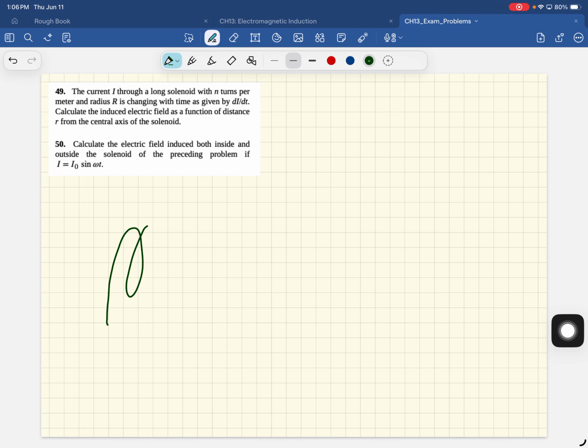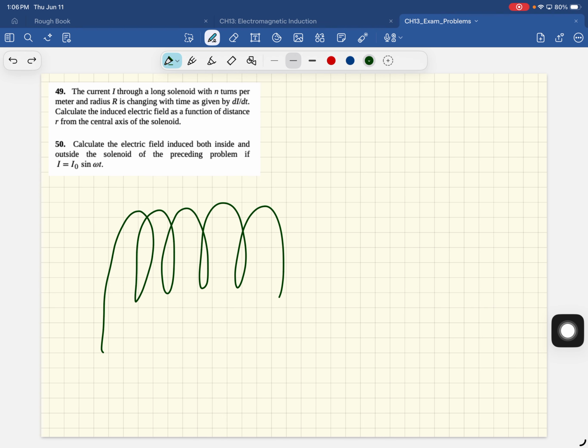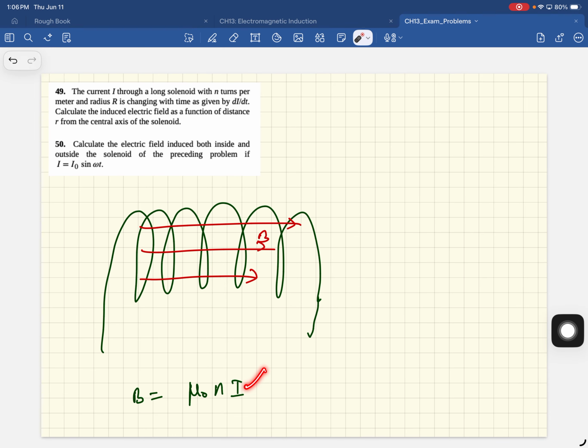For r greater than R, the magnetic field is only in this area, and this is R. So E times 2 pi r is equal to d by dt of mu naught n I times pi R squared.